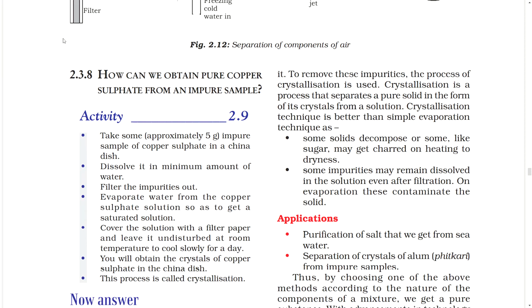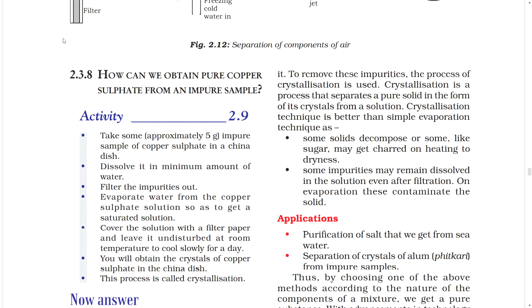How can we obtain pure copper sulfate from an impure sample? Activity 2.9. Do this. Take approximately 5 grams of impure sample of copper sulfate in a china dish. Dissolve it in the minimum amount of water. Filter the impurities out.